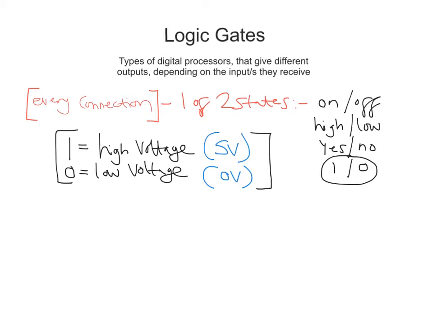So let's talk about the different gates that we have. The first gate that we're going to mention is the NOT gate. Now the NOT gate is sometimes called an inverter. So as the name suggests, it's almost like reversing, does the opposite of what you'd think it would. A NOT gate has only one input, and the input is either a 1 or a 0.